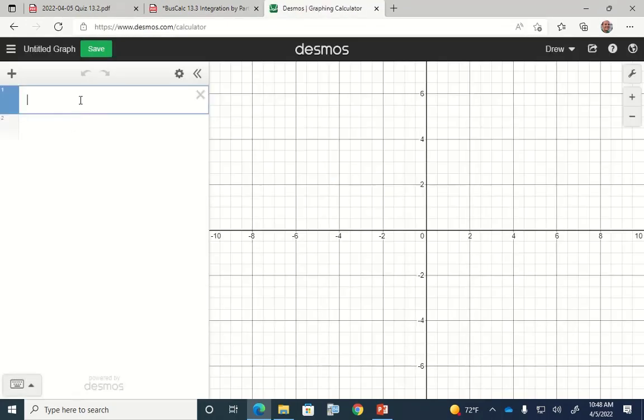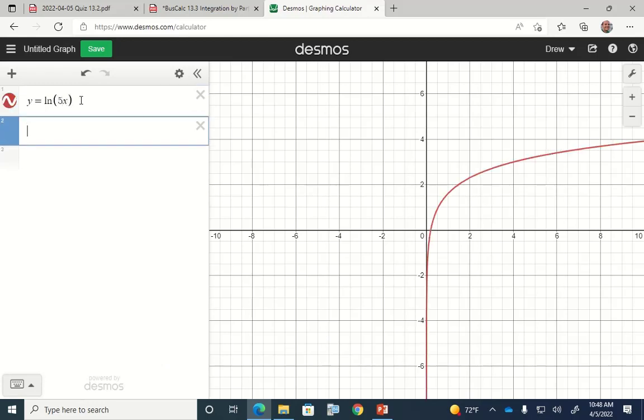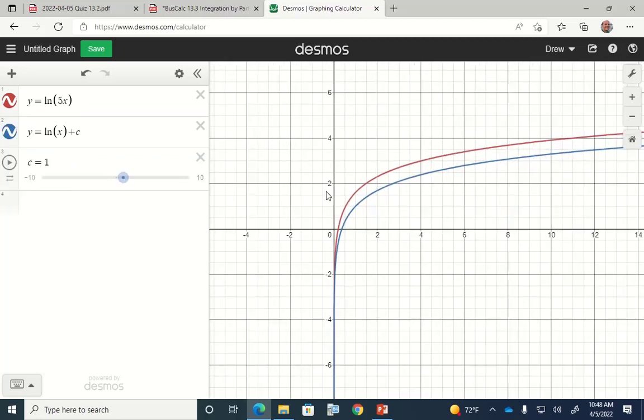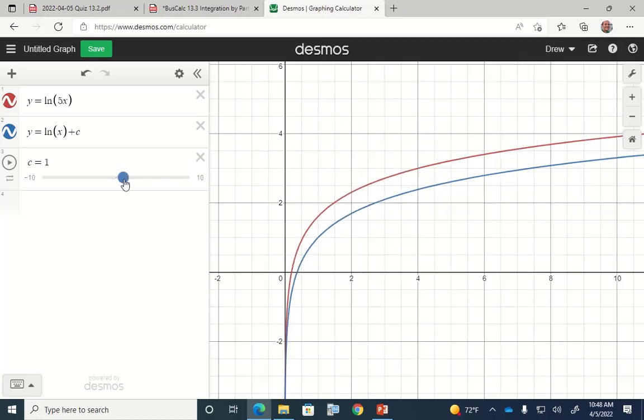But if I show you y equals natural log 5x and y equals natural log x plus c, and you're allowed to choose what the value of c should be, then we can always choose a value of c that makes natural log x plus c the same as natural log 5x.